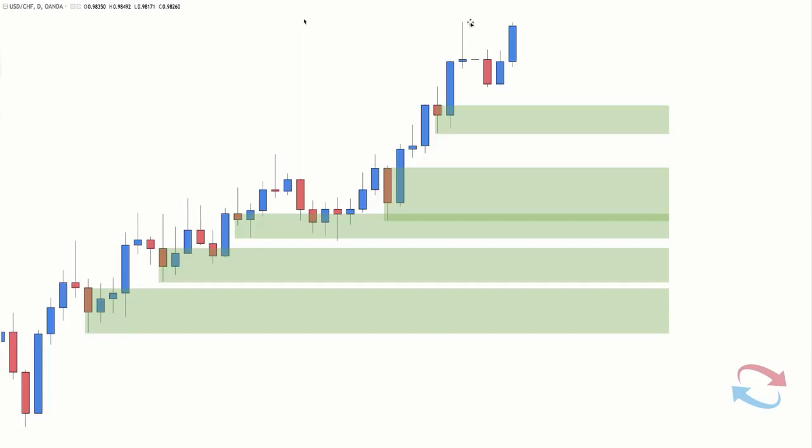And then we get this situation where we have a high, we get the swing, but we don't get a brand new high, right? So it's not clear that this is a brand new high. So we can't put a demand zone. A demand zone shouldn't be put here until we get a new high.